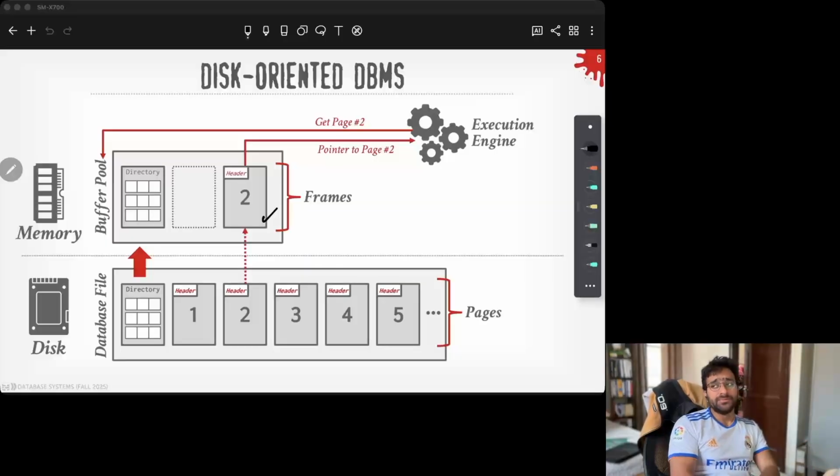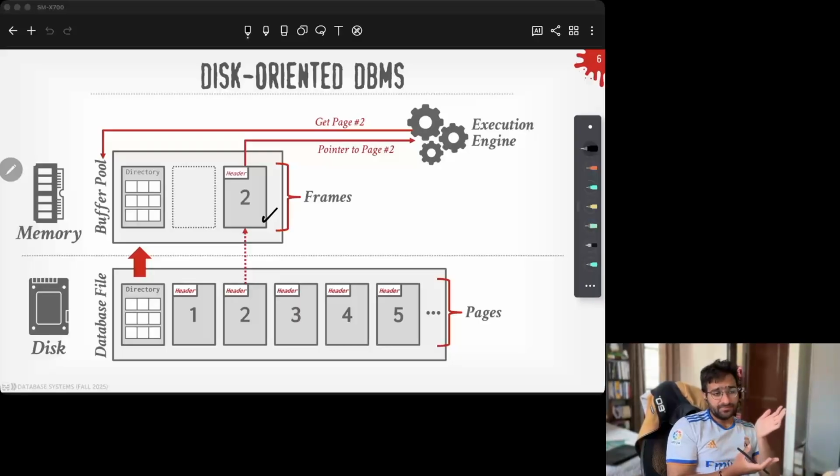But a bunch of enterprise systems give you this flexibility where you can choose your frame sizes depending on individual tables, individual databases, and individual indexes. They have more bells and whistles that let you make all these modifications. You can choose your page size depending on a particular table.